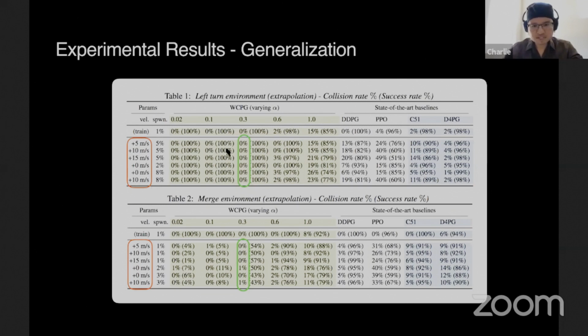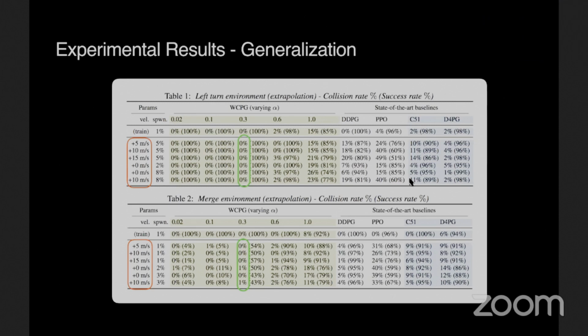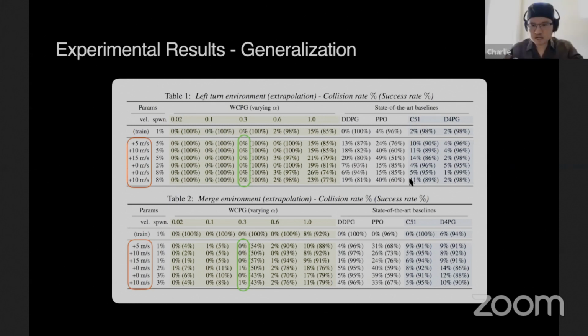And what we see is that with standard approaches like DDPG and proximal policy optimization, and even the distributional RL ones like C51 and D4PG, it's really, really hard to get the collision rates to 0. It's just because they're not optimizing for a risk-aware, risk-sensitive criterion.